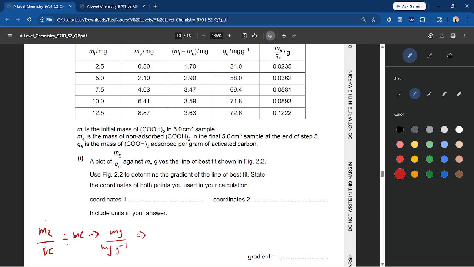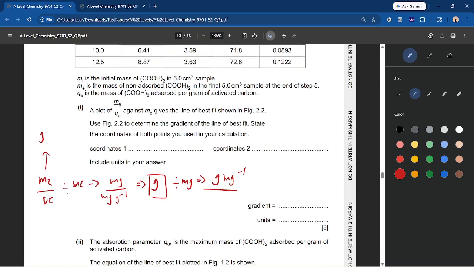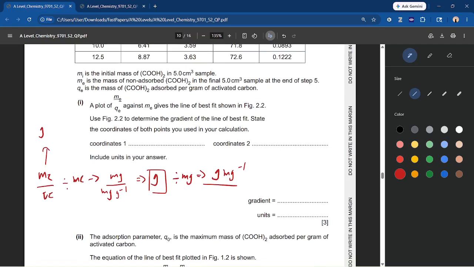So Me by QE is equal to gram, because when you take gram minus 1 up, it turns into gram. And then you're dividing this by milligram. So the unit is going to be gram per milligram minus 1. So that's a quick way of finding out the units.